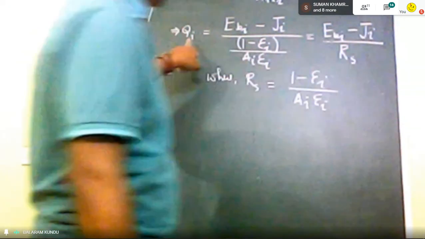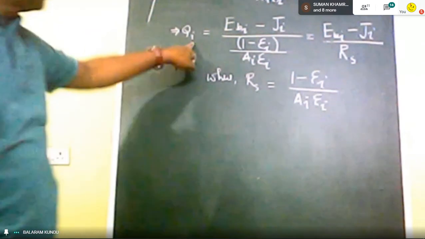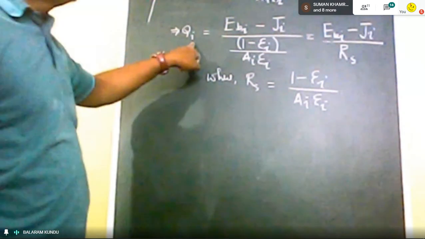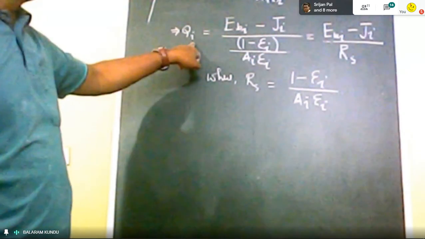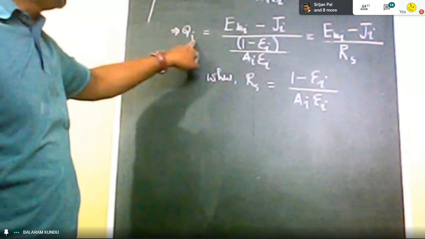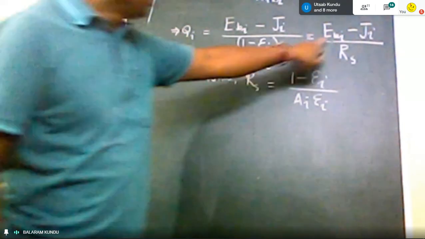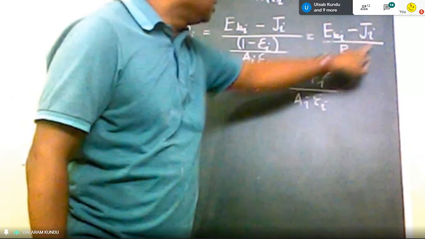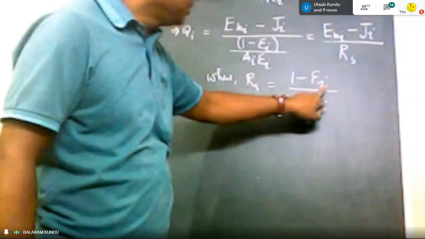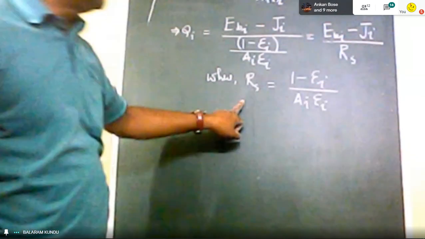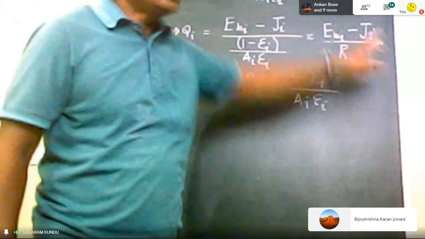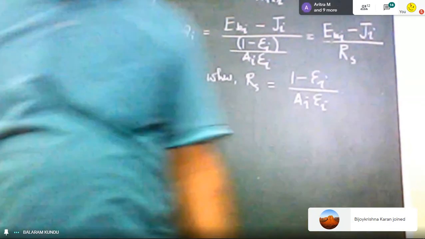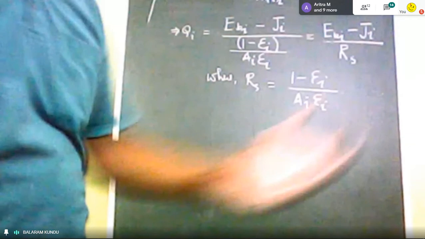If you want to determine the net radiation heat transfer from a surface, that is QI, it should be equal to EBI minus JI divided by RS. Emissivity is known, so surface resistance is known. But Ji, the radiosity, is unknown.